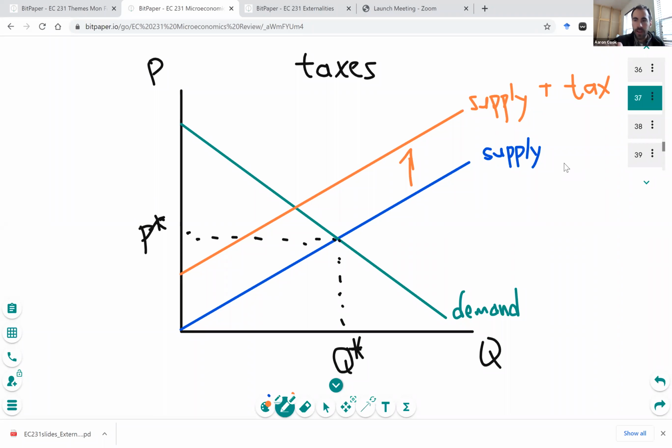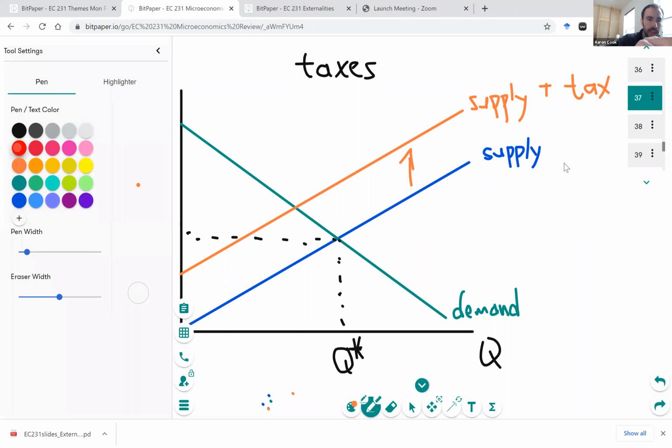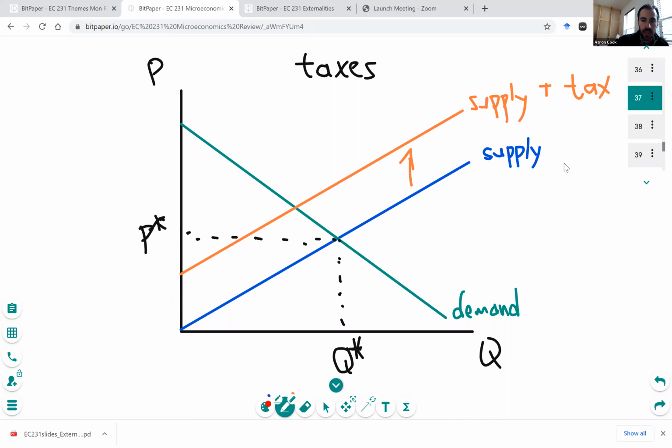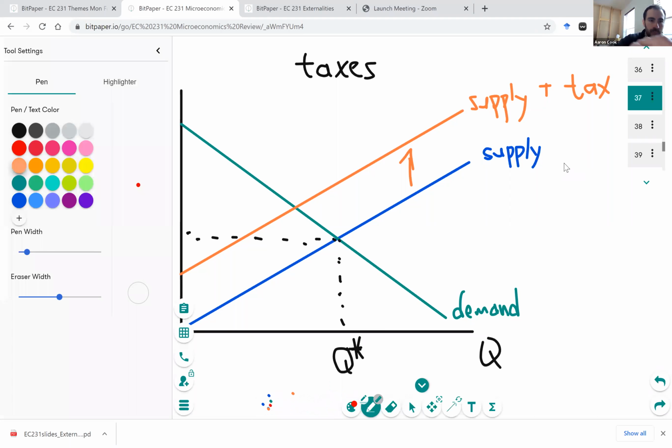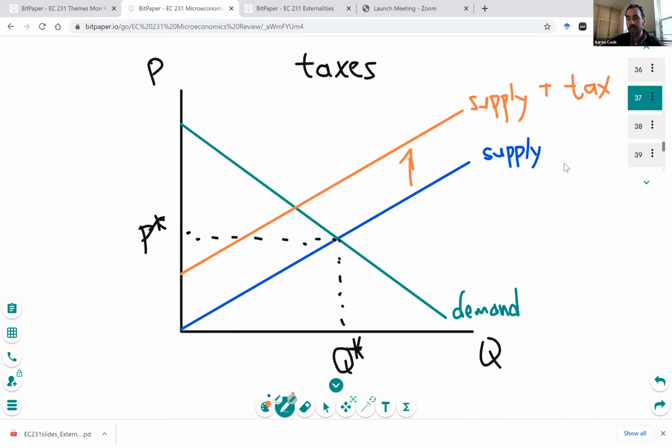Okay. Now, it's helpful here to make a distinction between the price that the producer receives after the tax and the price that the consumers pay in the market. So the quantity that's going to be produced, I'm going to call that QT, the equilibrium quantity under the tax.